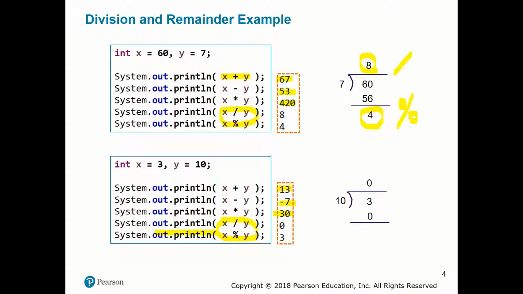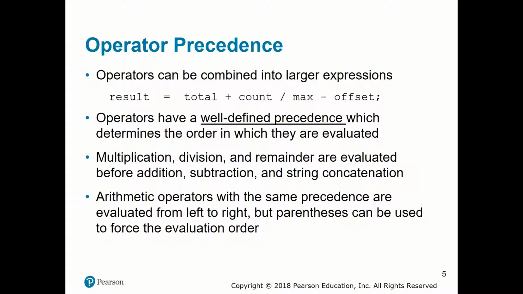And then we have 3 as a remainder. So 0 is the result of division, and 3 is the result of remainder operation. So 0 and 3 are printed out.